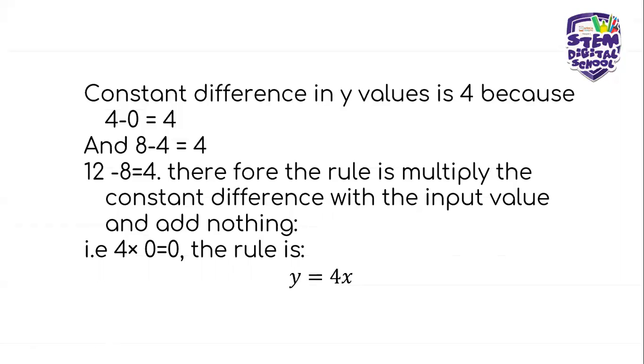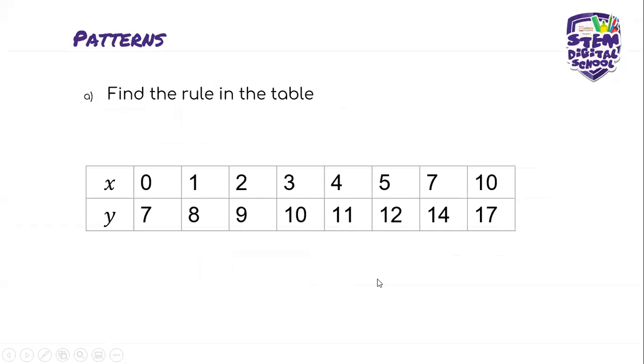But if you were to change your x value and make it 2, then the y value will also change because it depends on the value of x. So if x is 2, then the y value will be 4 times 2, which is 8. So you can see that the value of y depends largely on the value of x.